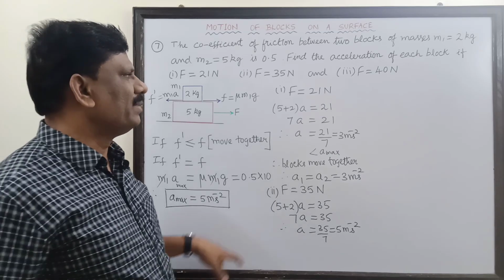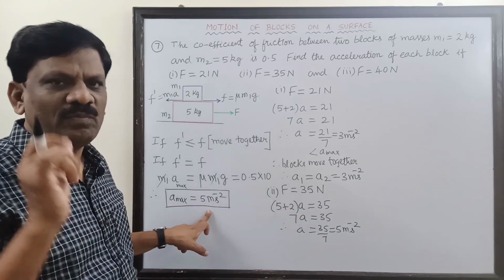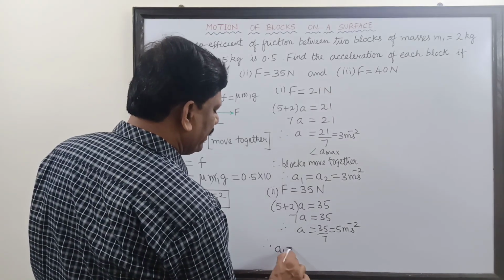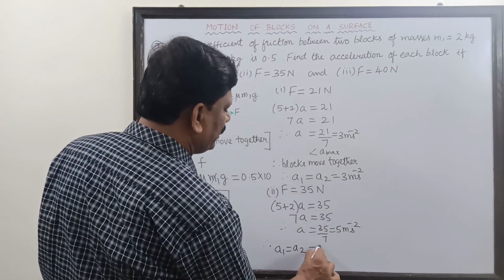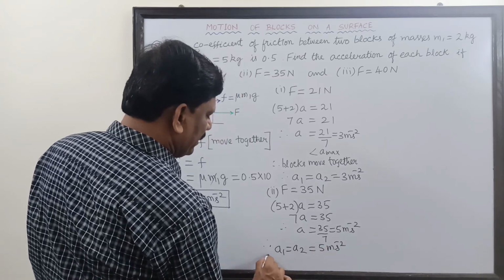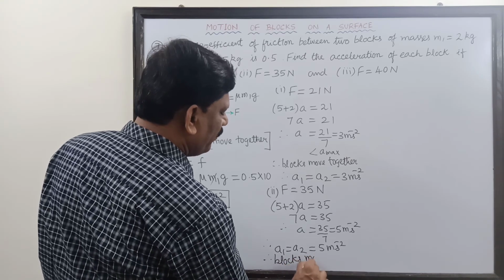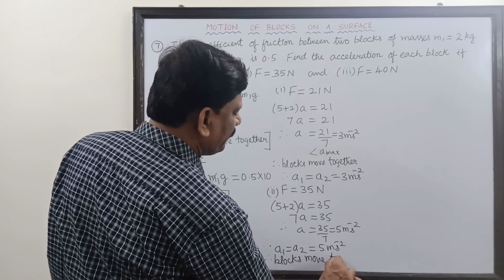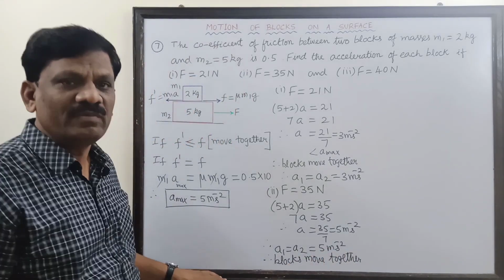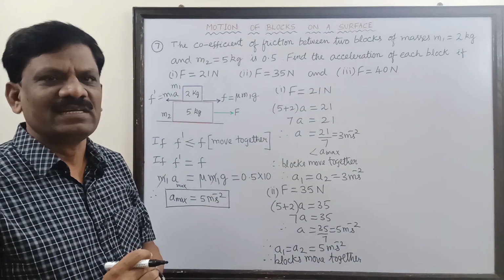So this is the maximum value of the acceleration up to which the two blocks will move together, is it not? Therefore, here also A1 is equal to A2 is equal to 5 meter per second square. Therefore, the two blocks will move together. So 5 meter per second square is the critical value, beyond which what will happen? The two blocks will have different acceleration, is it not?